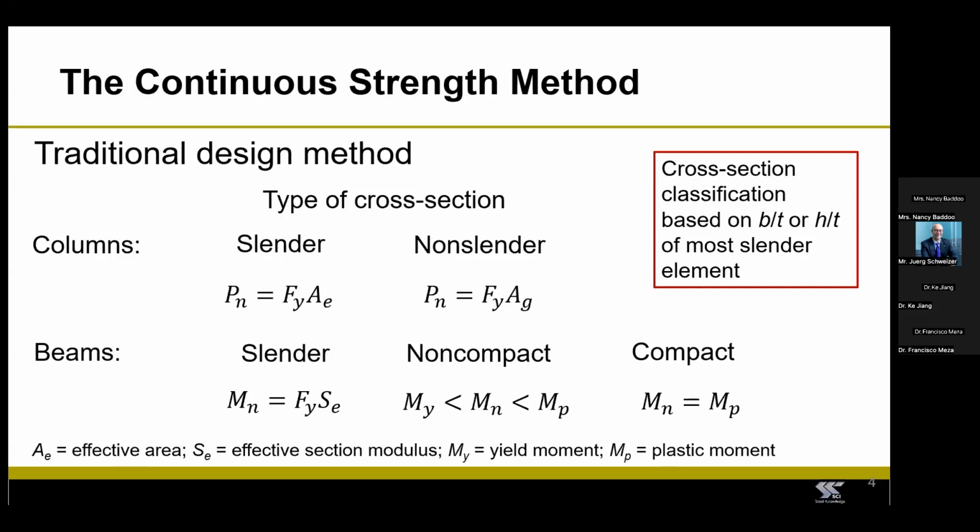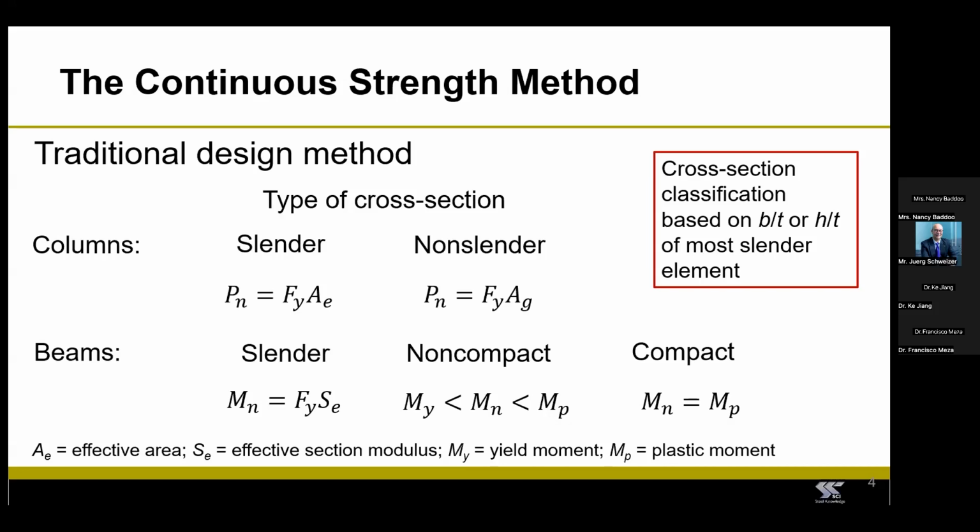Now, if the cross-section is non-slender or compact, that means that failure will be governed by yielding of the cross-section, which will happen before local buckling takes place. And in this case, the cross-sectional resistance is calculated by multiplying the yield strength by the gross cross-sectional area or the section modulus.